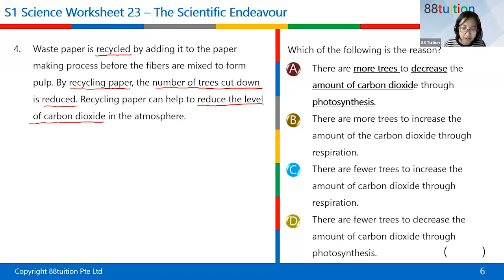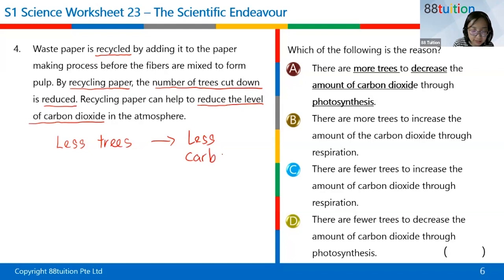So which one is the correct reason? Why is it that when we cut down fewer trees, there will be less carbon dioxide? So this is asking you why fewer trees in the end will have less carbon dioxide gas.